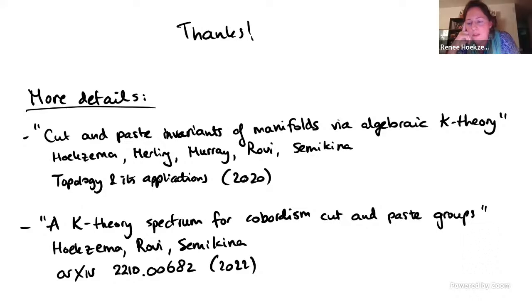I think it uses a lot of the input that's used for cobordism categories. But we do really need a topologized version in order to define our cubes.